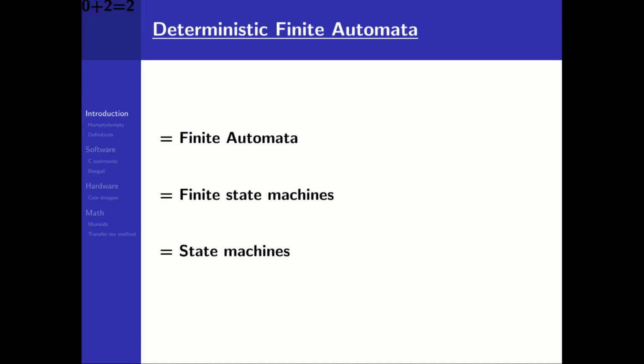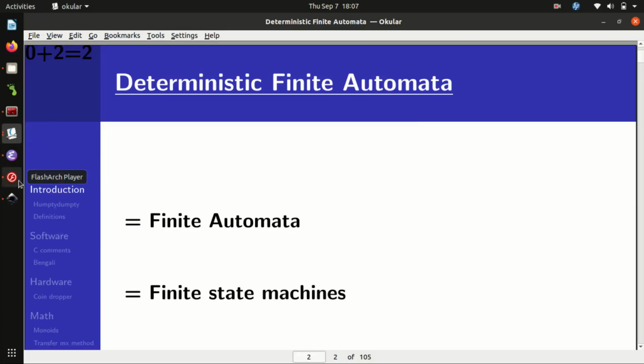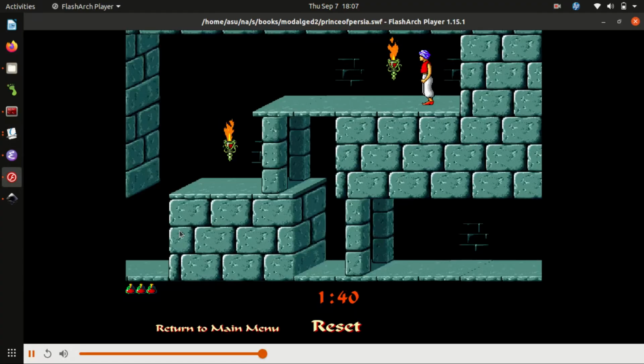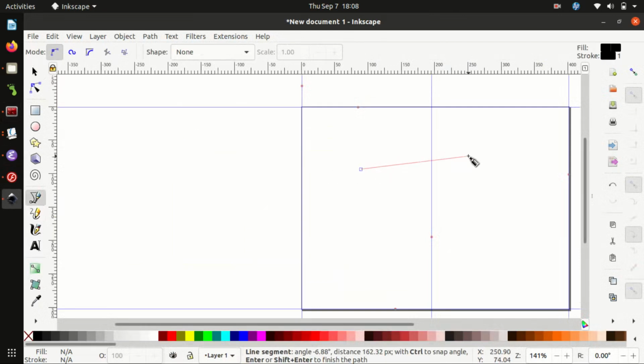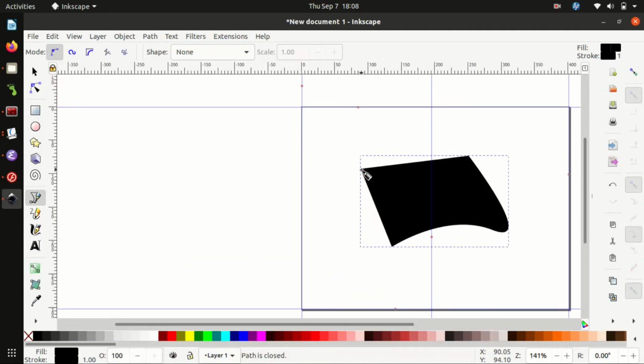And whenever you play a game, like this game, for example, such game characters are actually controlled by finite automaton. Or when you look at any program with a graphical user interface, like something that will allow you to draw things like this, it also relies on finite automaton.